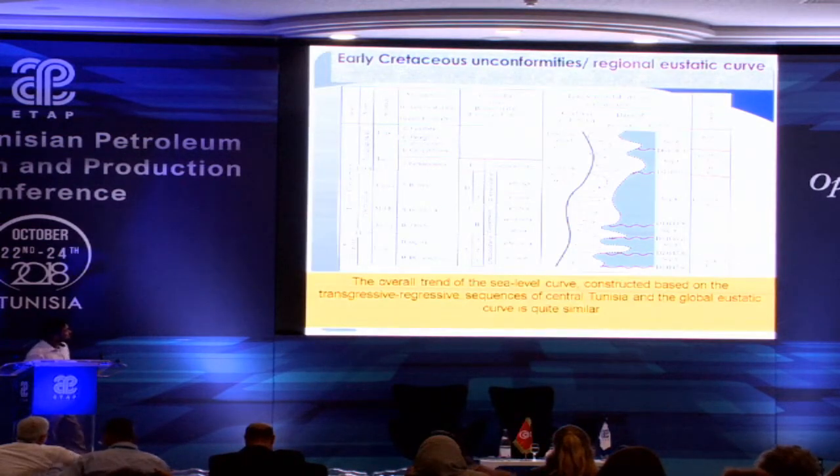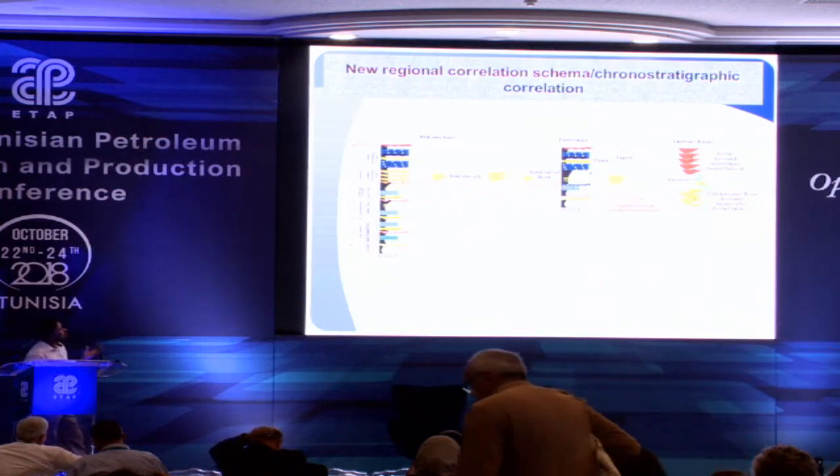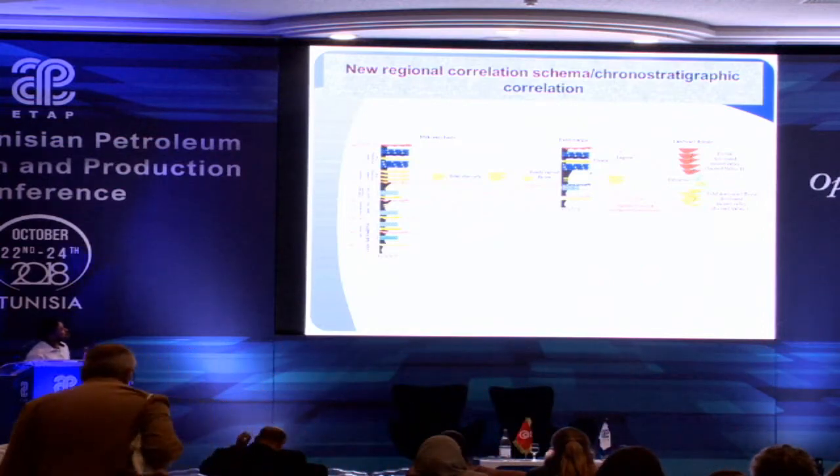The overall trend of the sea level curve, constructed based on the transgressive-regressive sequences of central Tunisia, and the global curve is quite similar. So this defined unconformity will be useful in interregional correlation.